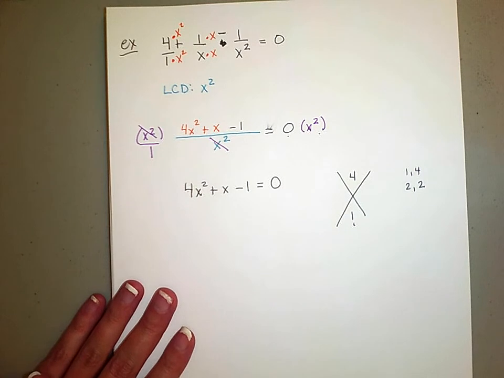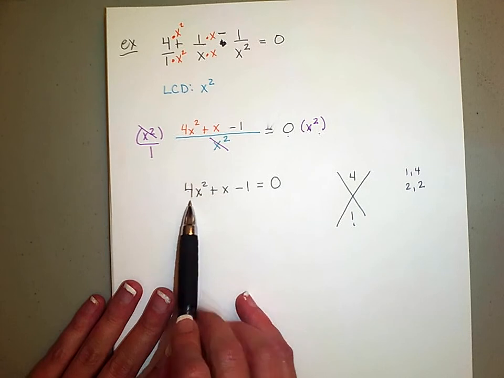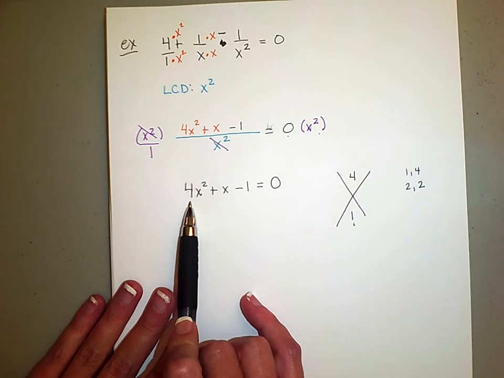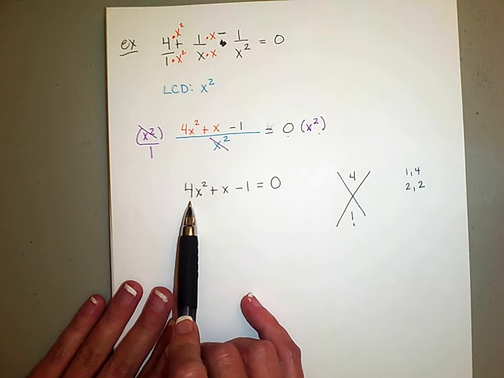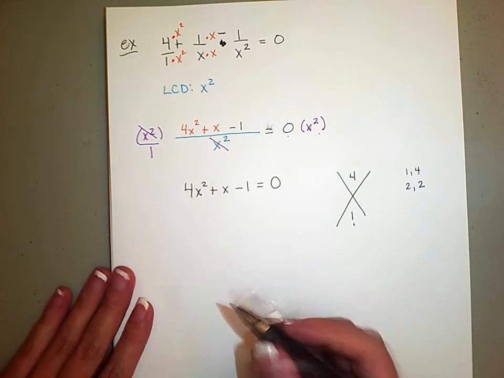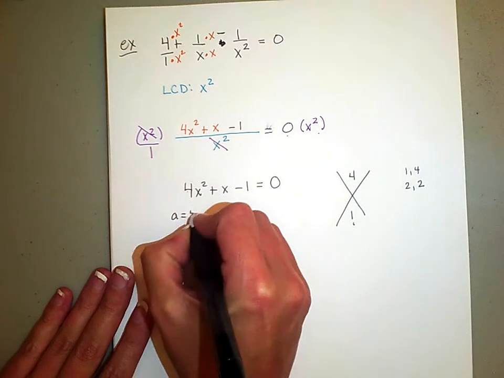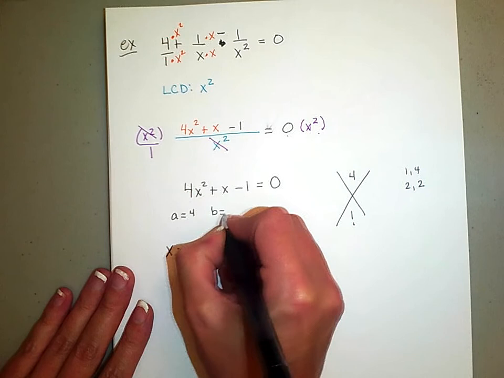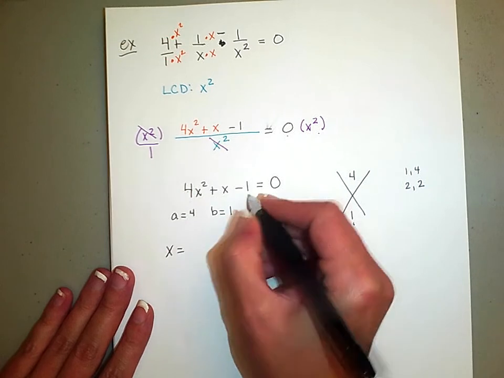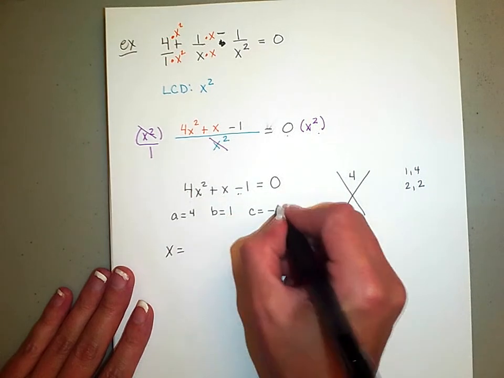So this isn't going to factor. This leading coefficient isn't 1, so I'm not going to complete the square. I think this is a good candidate for the quadratic equation. So in this case, a is equal to 4, b is equal to 1, and c, we have to be careful with this negative here, is negative 1.